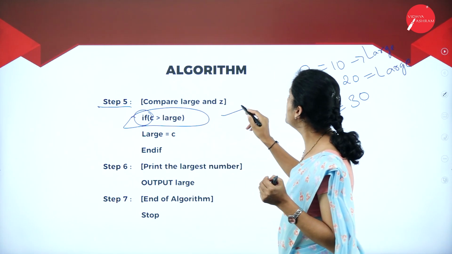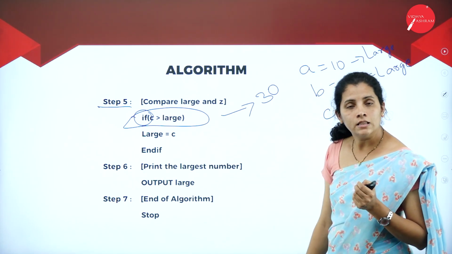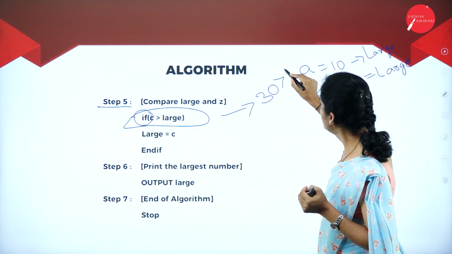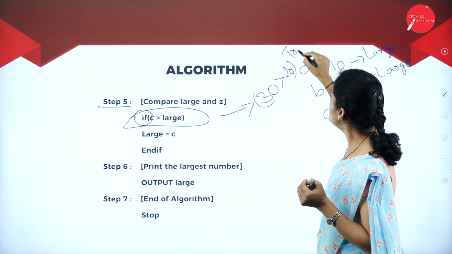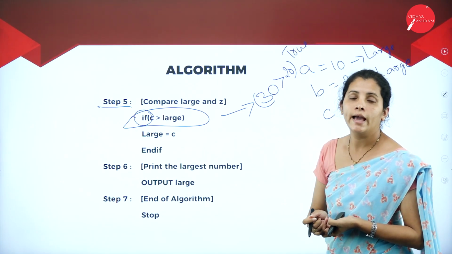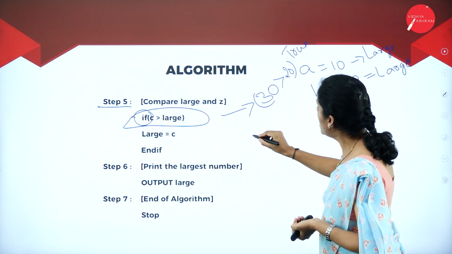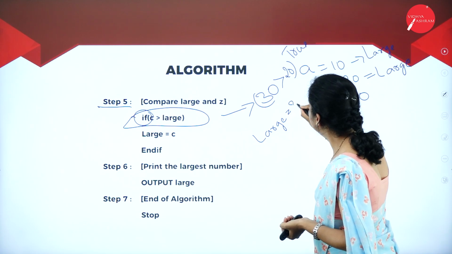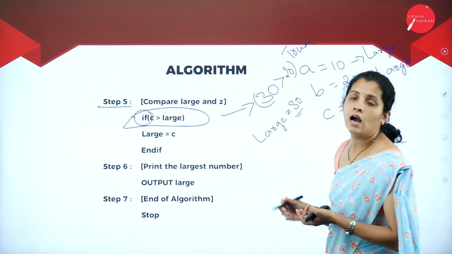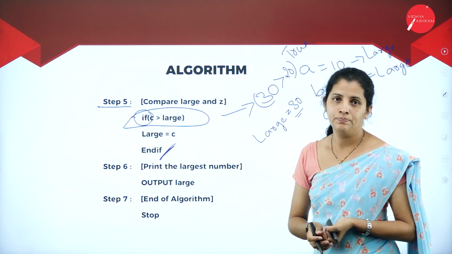What is your C value here? That is nothing but 30. 30 is greater than 20. It is true. So what am I going to do? I'm going to assign the C value to large. So now large holds the value 30, and I'm going to end my if statement.